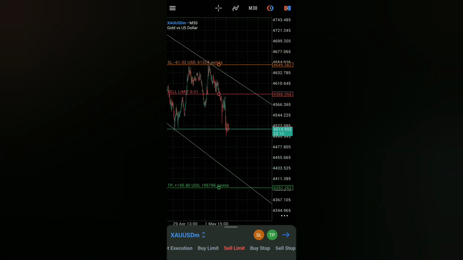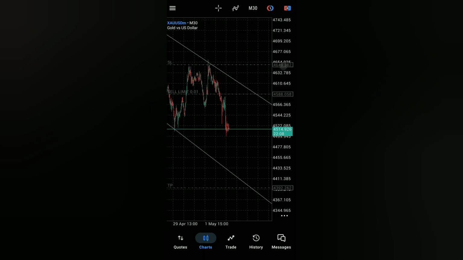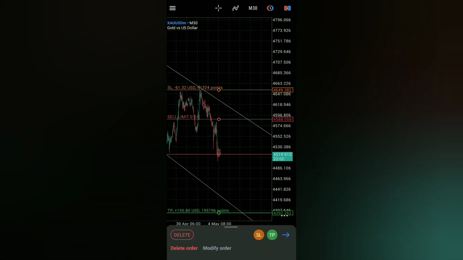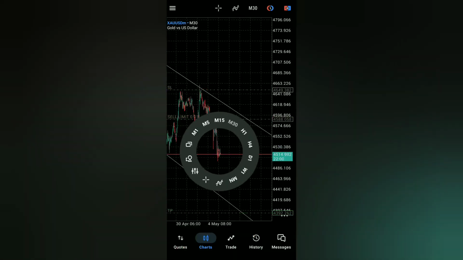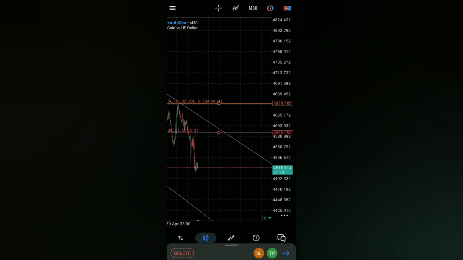That means if, let's say we just take this blue line now, take place. I see what happened now. It has placed, but it's not yet counting because we have not yet entered. So if these candles come down to this white line and come up again to this sell, we enter.